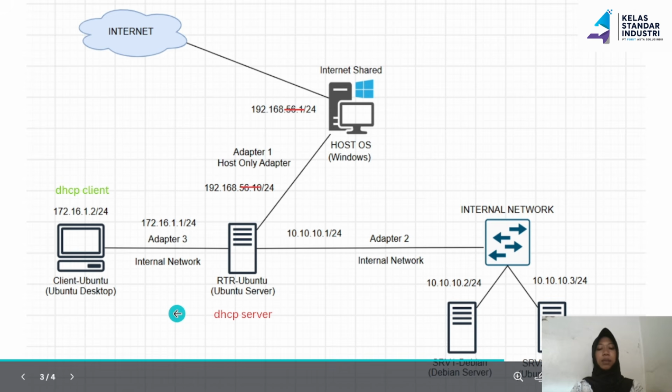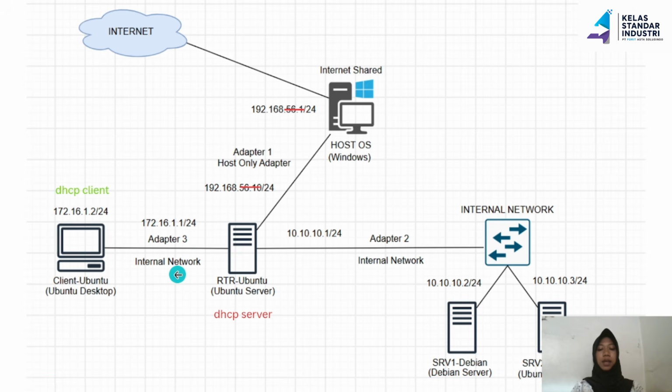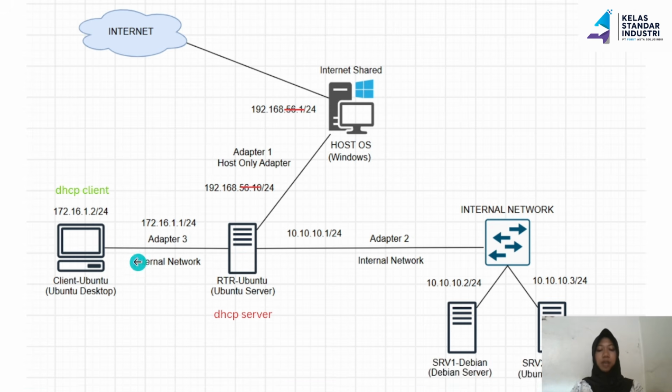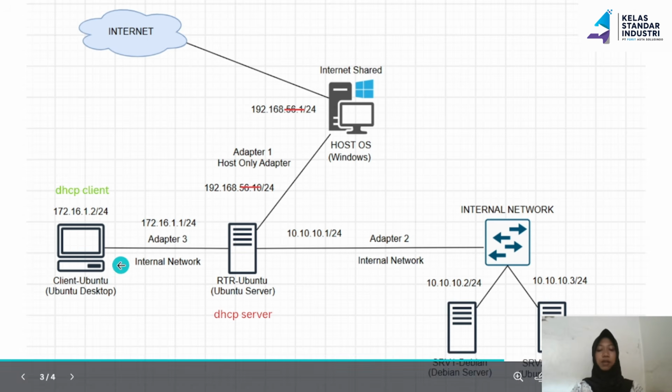Here, I will make the Ubuntu router become the DHCP server, and then Ubuntu client, server 1 and server 2 will be the DHCP clients. However, in this practice, the DHCP client that I will demonstrate is only the Ubuntu client, friends.